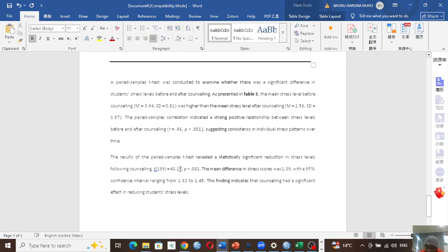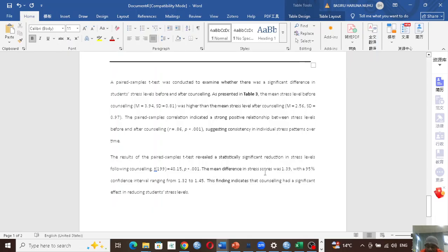So we don't have the table value, so we wouldn't say much about this one, but there is a standard way we compare it with the 0.05 as I have been showing you. So this and that work in the same manner. So we always use this one compared to the 0.05, and once it is less than 0.05, we say it is statistically significant. So that's why we said reveal statistically significant reduction, because this one is less than 0.05.